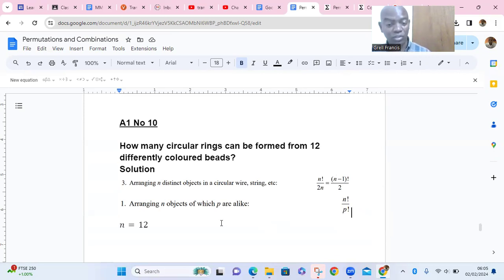If there is no repetition, 0 factorial is 1. We are dividing by 1. We have 0 repetition, so we are going to divide by 0 factorial.